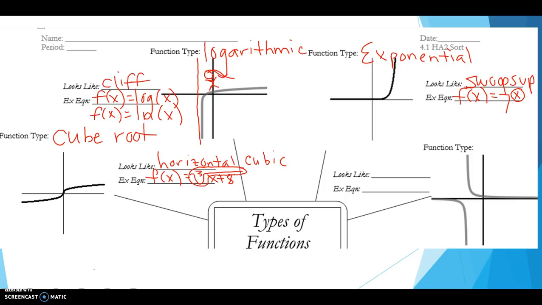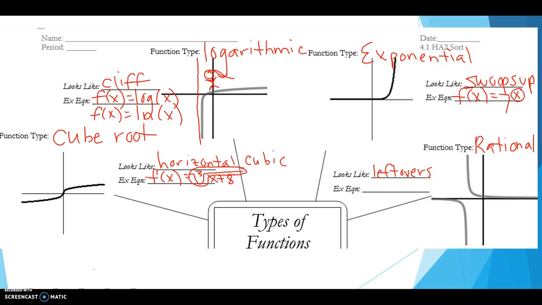The final type is rational. Rational is the leftovers. If it doesn't look like something else, it's probably rational. But one of the common themes, but not always, is that it has two graphs. So if you notice, there's two of those swoop things, and that actually is created from one equation.